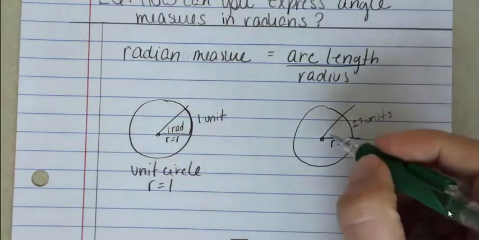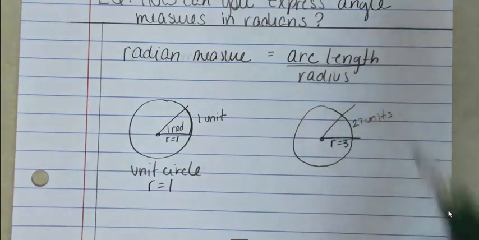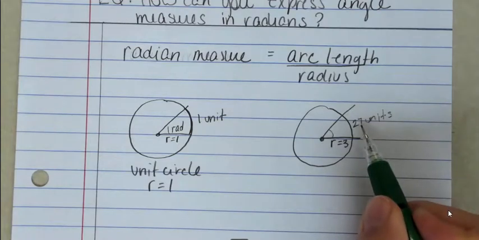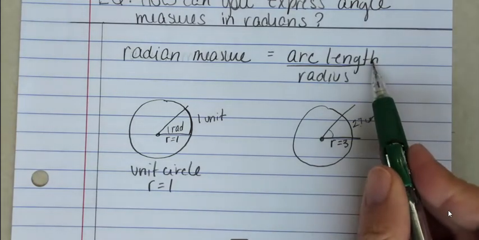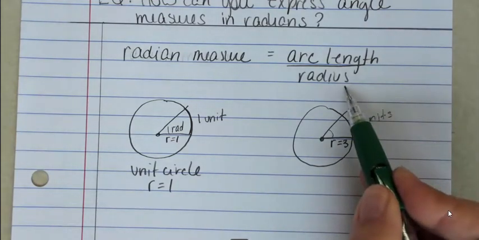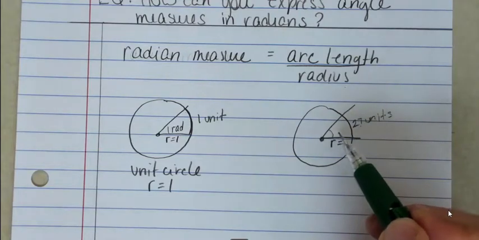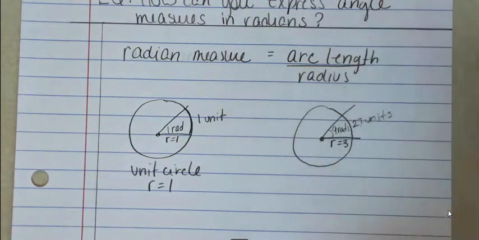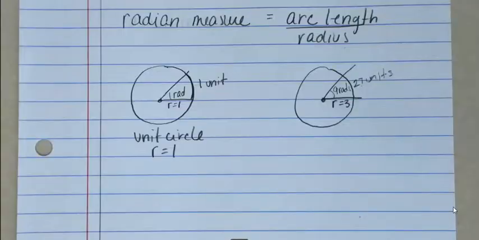And I'm wondering, well, what is this angle in radians? I'm going to take those 27 units, which is my arc length, divide it by my radius, and I'm going to get a measure of 9 radians. So that's basically how radians, radius, and the arc length are all related to one another.